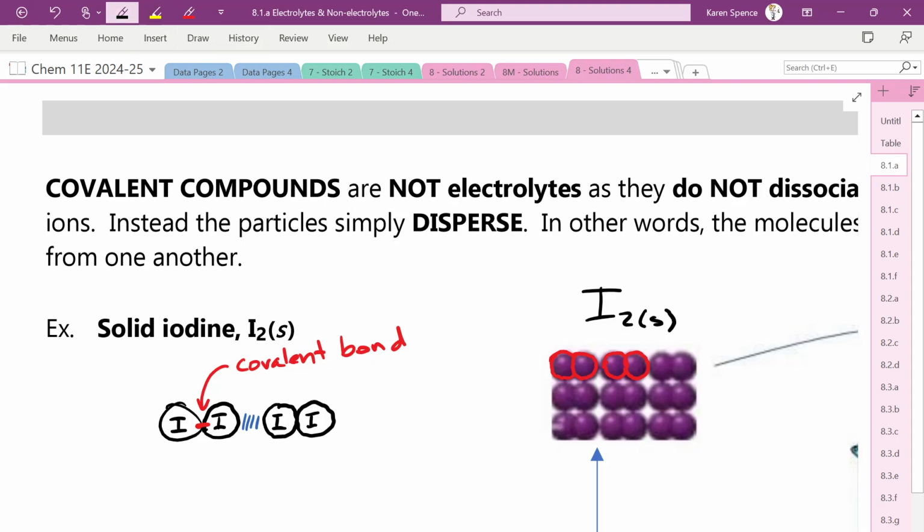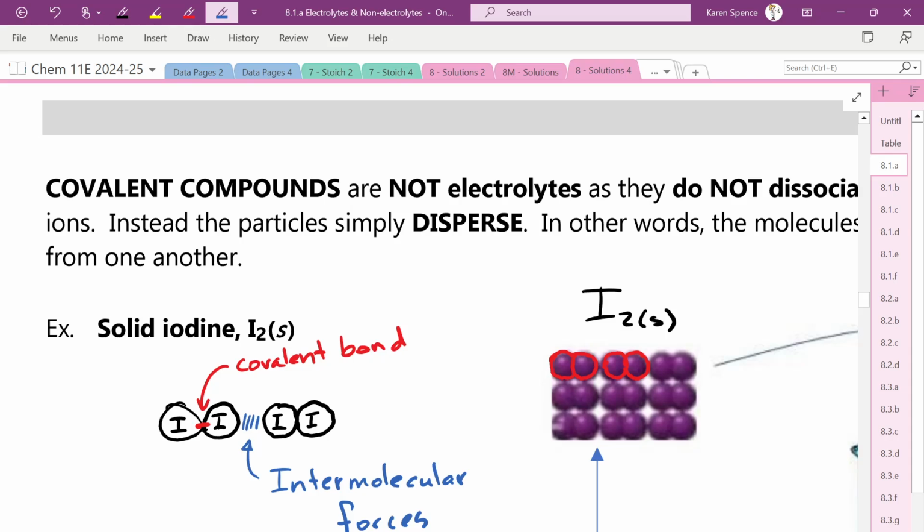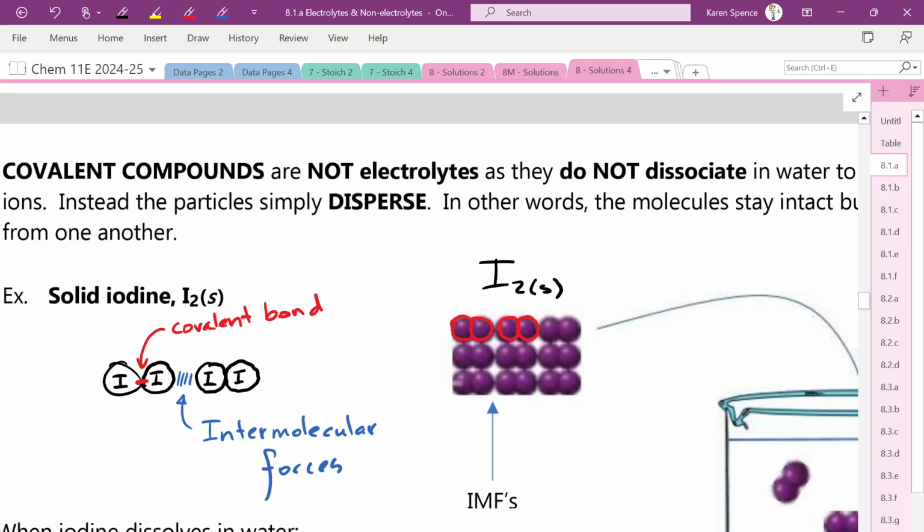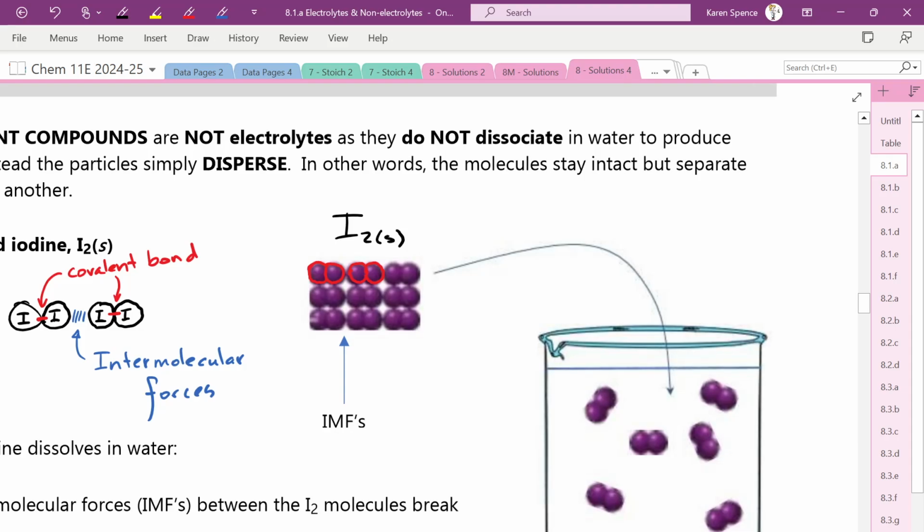Intermolecular forces, yes. So when we take our solid I2 and we throw it into the water, do the covalent bonds break? No. The covalent bonds stay intact, and it is only the intermolecular forces that break.